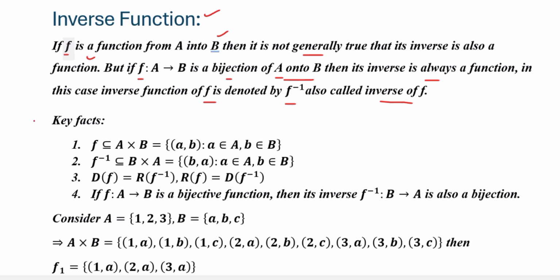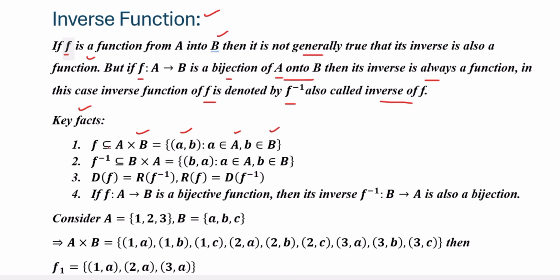But before going to discuss, these are some key facts. Remember that, as you know, A cross B always represents the Cartesian product of two sets A and B. That is actually the set of all ordered pairs (a, b), where the first element belongs to set A, that is the domain of f, and the second element belongs to B, the codomain.